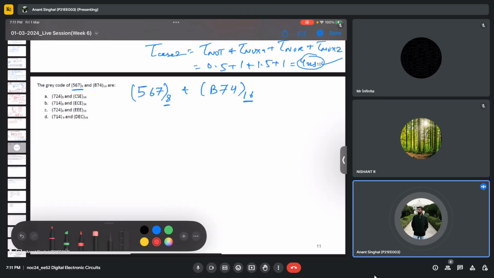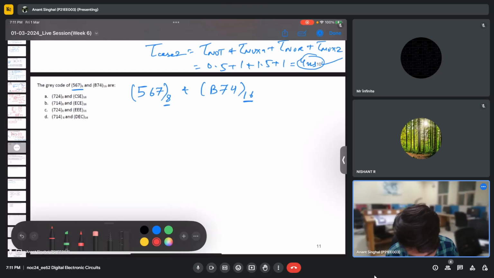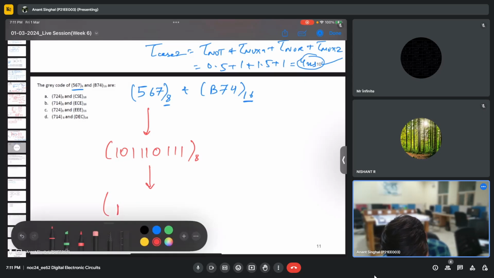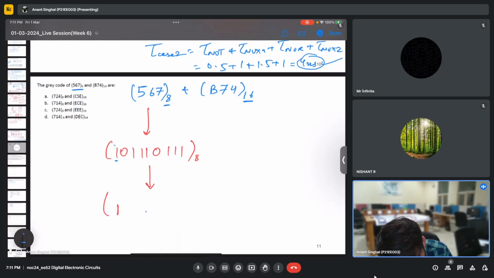So let's try it out. This was an easy question. First we will convert it to binary, and then we need to find the Gray code of it. Keeping the first bit the same, then 1 0 is 1.